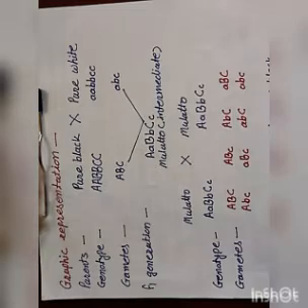Then in F2 generation, different 64 individuals are developed.